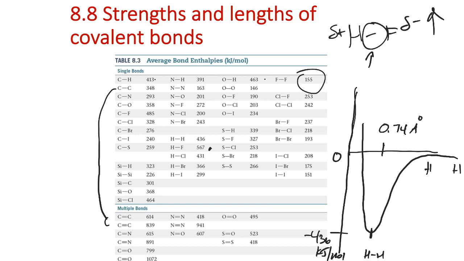If we were to compare this to a carbon-carbon single bond, what would that look like? The two C atoms are a little bit bigger, so our bond length is going to be a little higher, and the bond strength isn't quite as strong. If you're bringing together two carbon atoms, when they're infinitely separated, there's no energy.